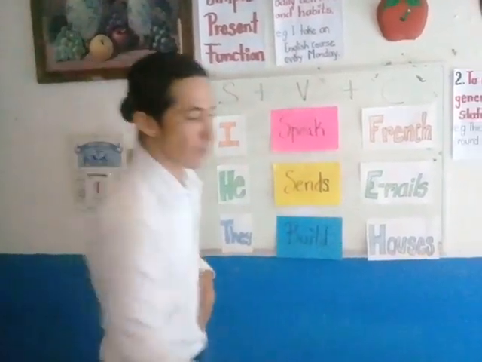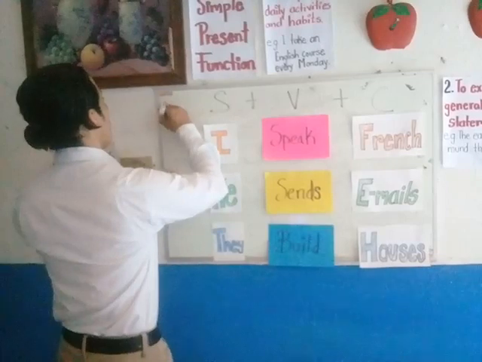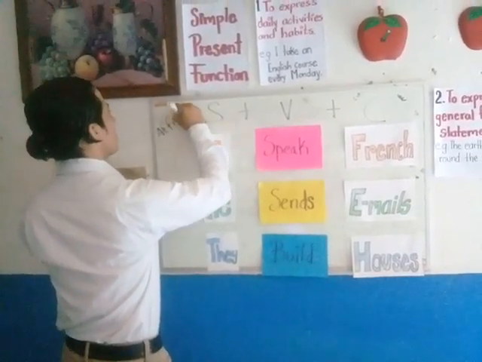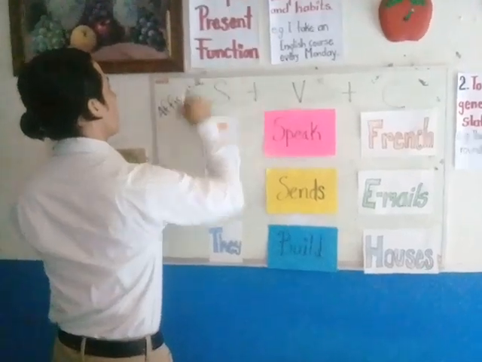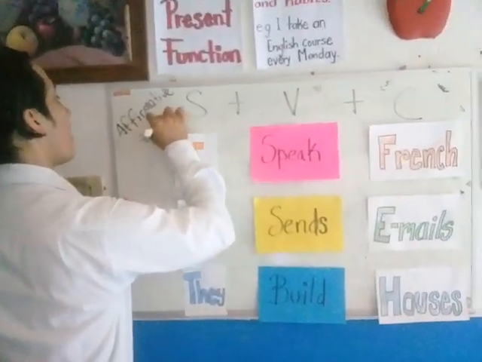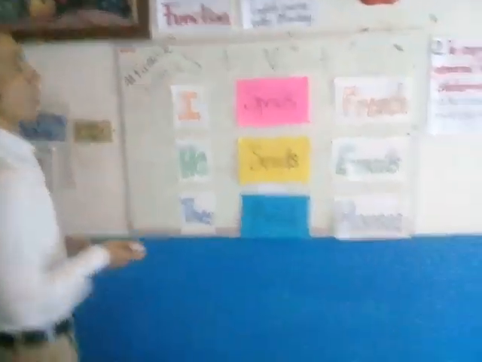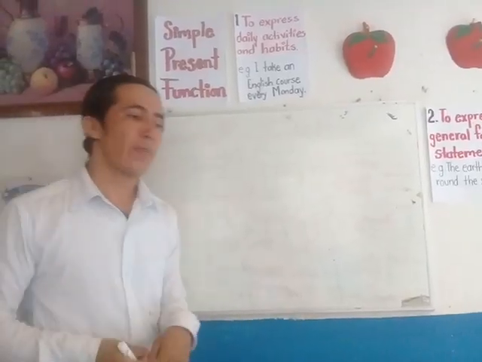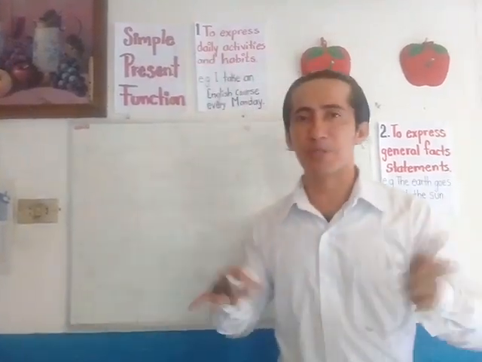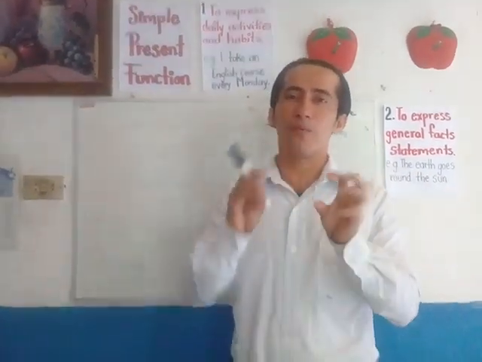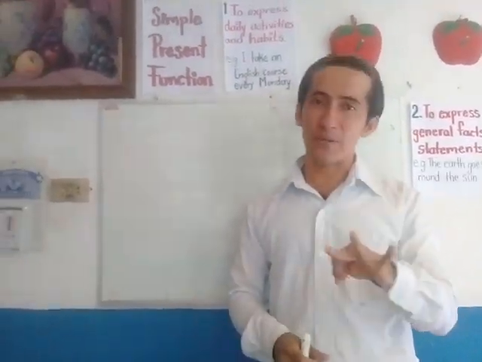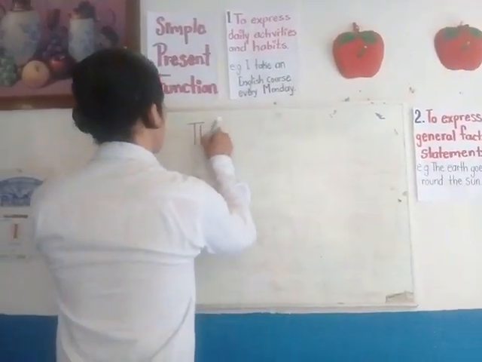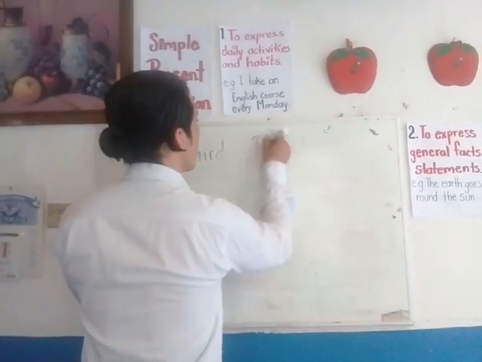This is the affirmative, or some people say positive, form in simple present. When we use the simple present tense, we have to talk about the third person in English. This is good to know.